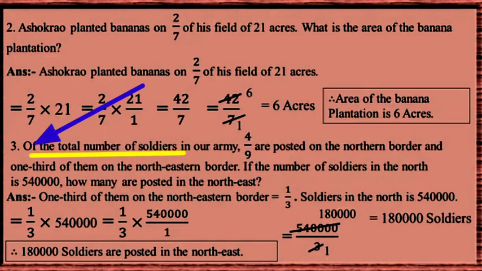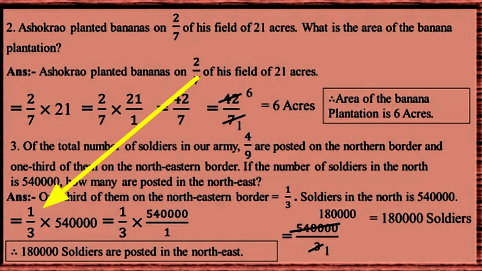Of the total number of soldiers in our army, 4/9 are posted on the northern border and 1/3 of them on the north-eastern border. If the number of soldiers in the north is 5,40,000, how many are posted in the northeast?